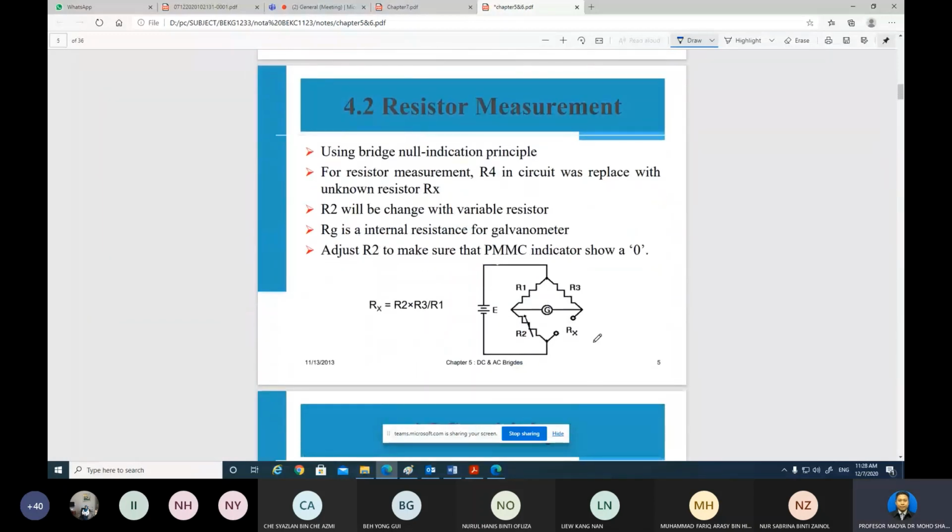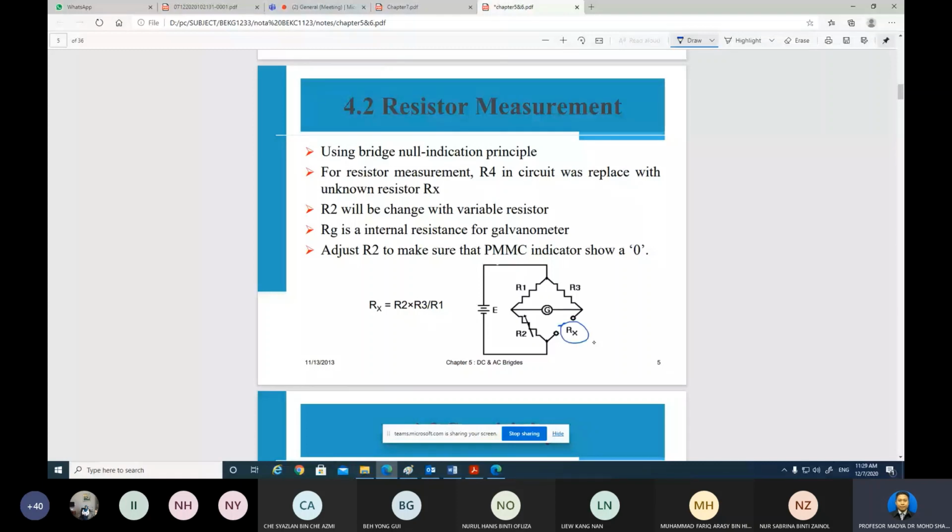So this one is resistor measurement using the Wheatstone bridge, using the bridge null indication principle. For resistor measurement, R4 in the circuit is replaced by Rx. Normally this is R4, but we change it to the unknown resistance, Rx.